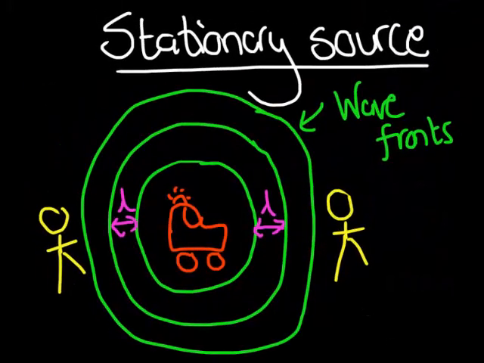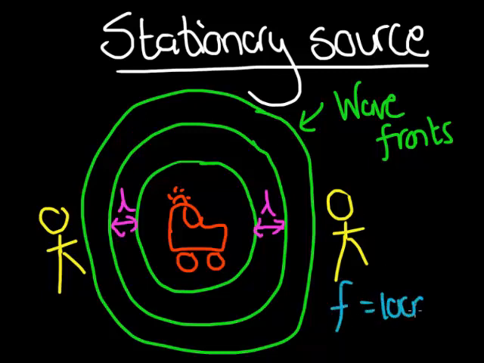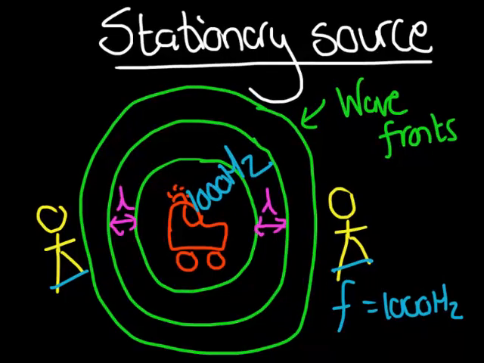Now let's just quickly go back to the first scenario where the source was stationary. Let us just for our example's sake say that this source had a frequency of 1000 Hertz. And because it was stationary, whether you were standing in the front or at the back, you would still hear the sound as 1000 Hertz. Even though it is in this case not moving, it's emitting that, and you are hearing it as that.